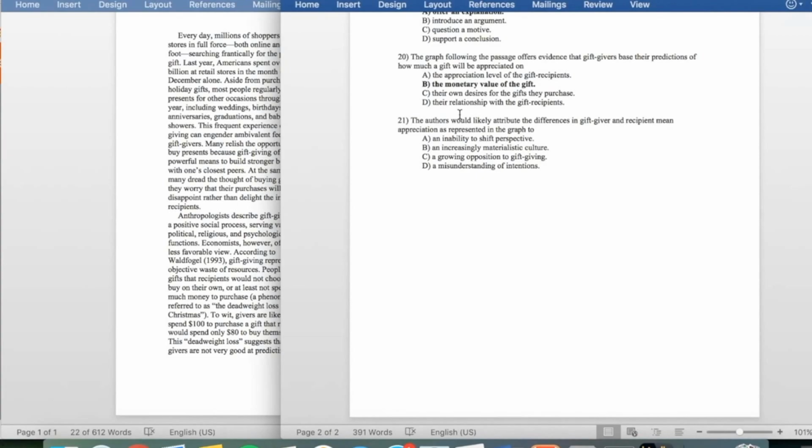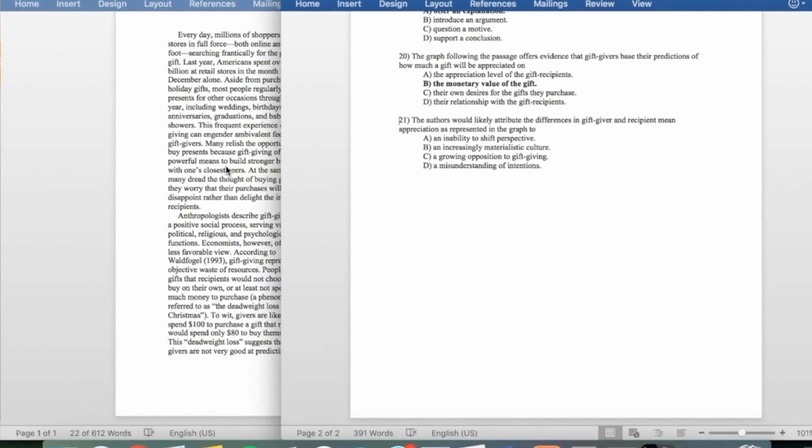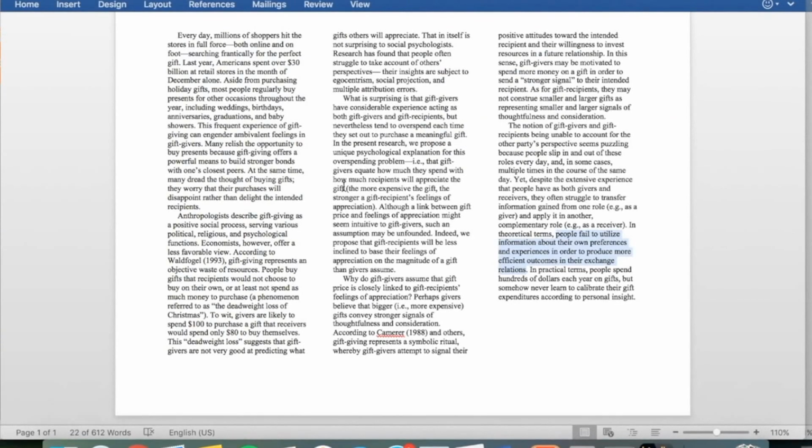Kind of from common sense, we know that one person can act as both the giver and recipient of gifts. And so that's a perspective that we should be able to have both of. But really, we need to look at the passage to get our evidence if we can. So here it is. People fail to utilize information about their own preferences and experiences, et cetera, there.